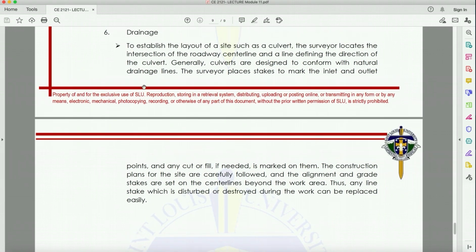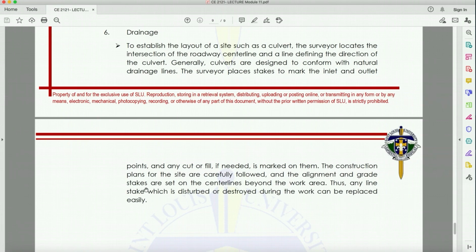Okay. To establish the layout of such a culvert, the surveyor locates the intersection of the roadway center line and a line defining the direction of the culvert. Generally, culverts are designed to conform with natural drainage lines. The surveyor places stakes to mark the inlet and outlet points, and any cut or fill, if needed, is marked on them.